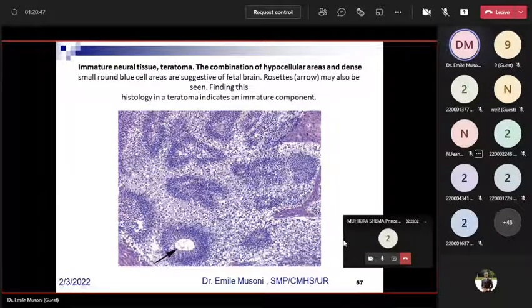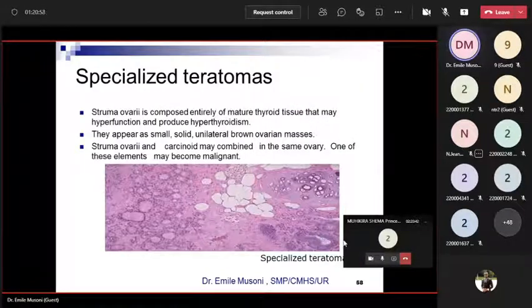When you see those rosettes of neuroepithelial tissue, it is an immature teratoma. This is what we call struma ovarii. This one is made of mature thyroid tissue, that may cause hyperfunction and produce hyperthyroidism.